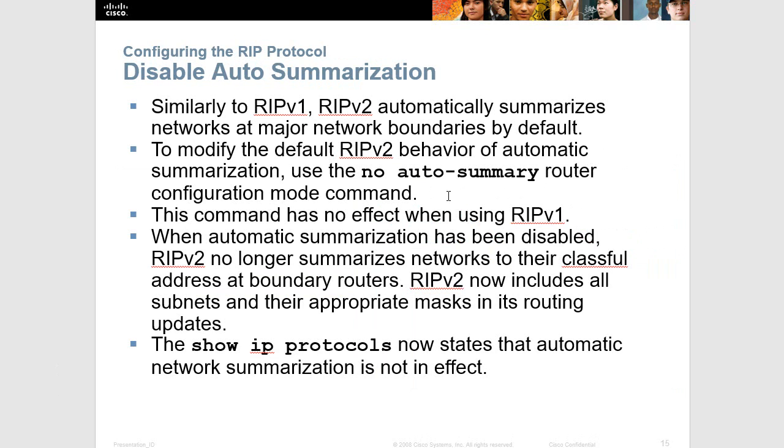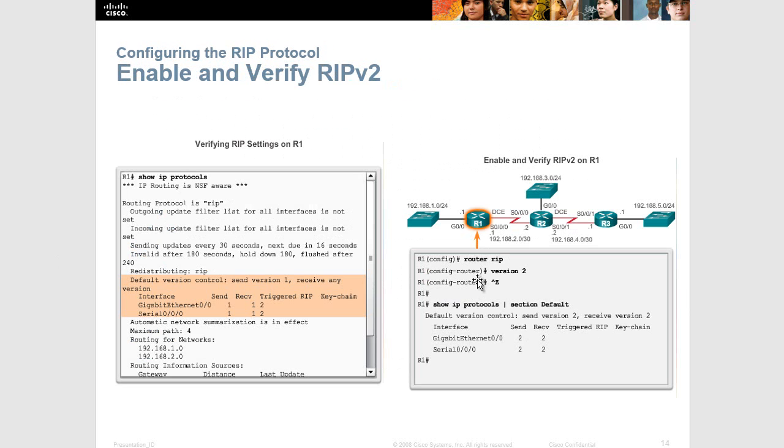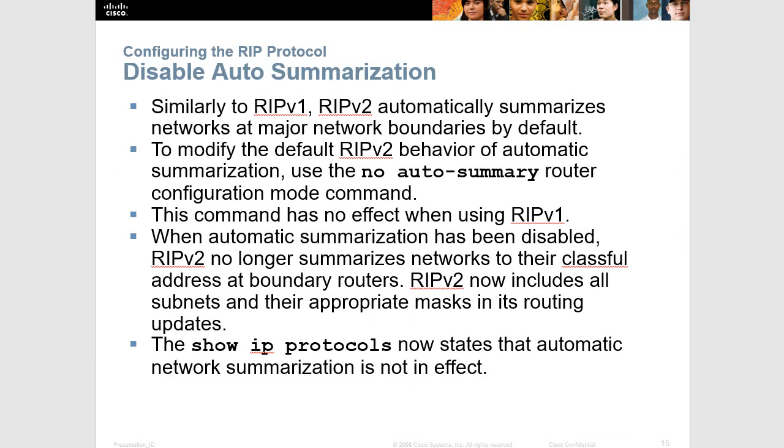All you do to make that happen, so there's no auto summarization of routes, is type in no auto-summary from the config router prompt. That will turn off automatic summarization. So you won't see summarized routes anymore.